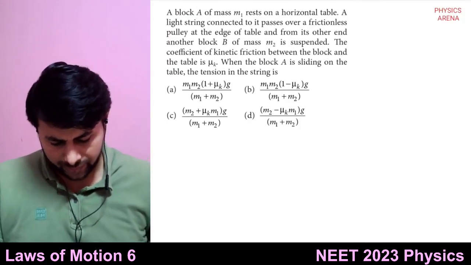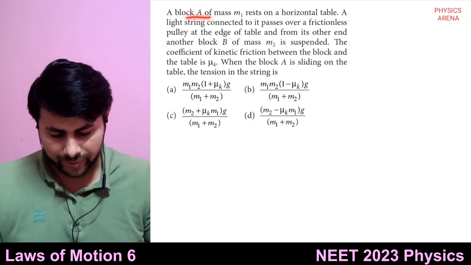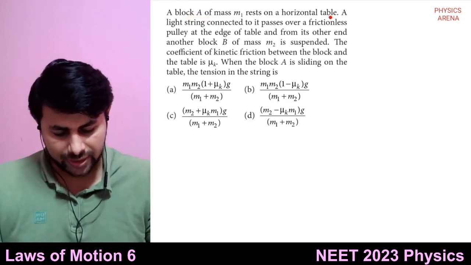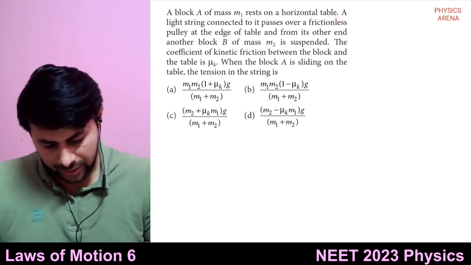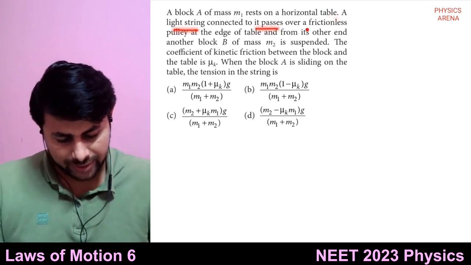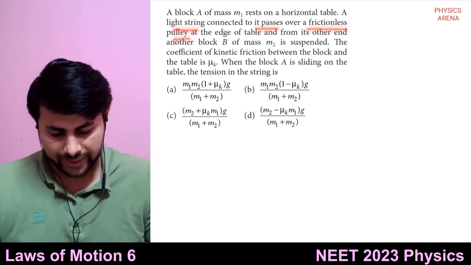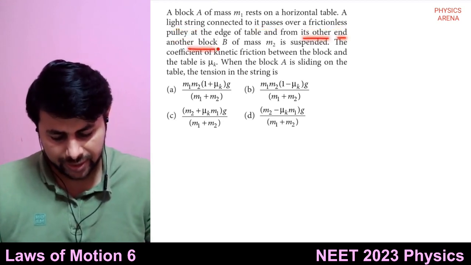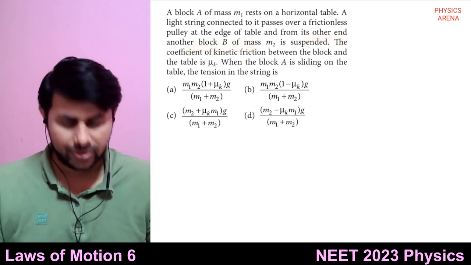A block A of mass m1 rests on a horizontal table. A light string connected to it passes over a frictionless pulley at the edge of the table, and from its other end another block B of mass m2 is suspended.